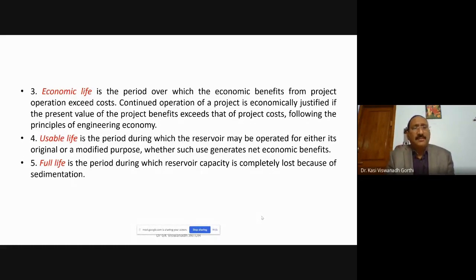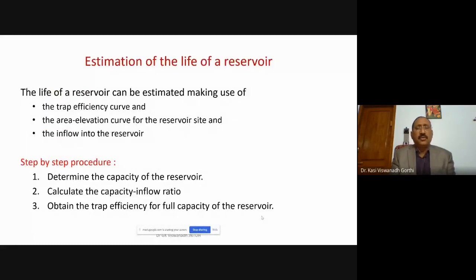Whether you are getting a benefit or not, you are trying to use it. That is a usable life. Full life is the period during which reservoir capacity is completely lost because of sedimentation. So what we are now looking at is the total loss of the reservoir because of sedimentation as the life of the reservoir. This is what we are concentrating on.